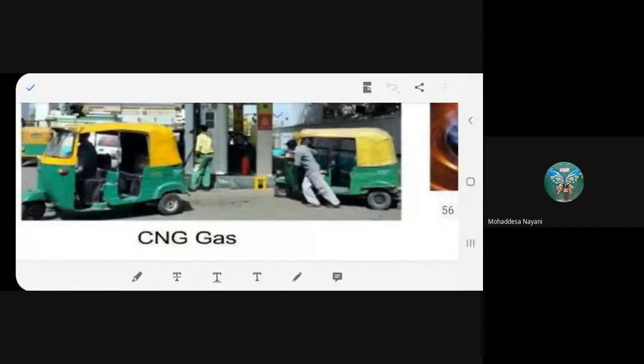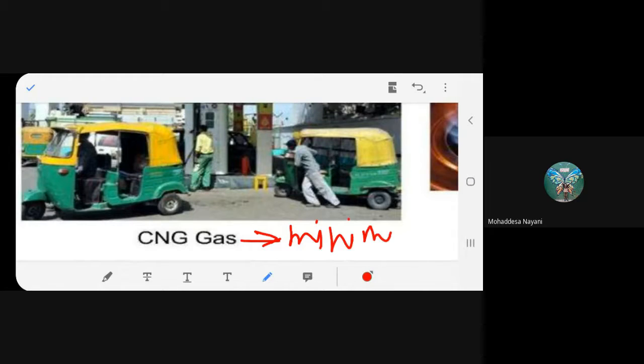Now, this CNG is giving out minimum pollution. Hope you understood. So when you are using CNG, pollution is minimum. Now you understood why we call it green?